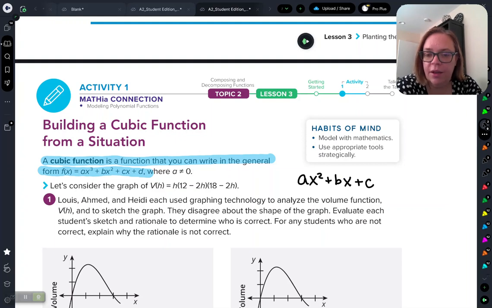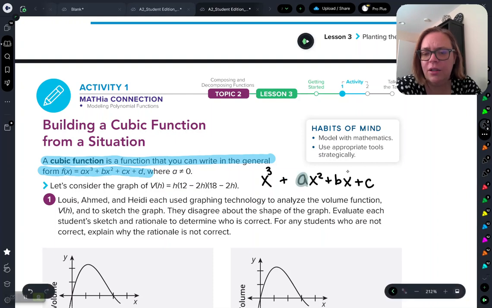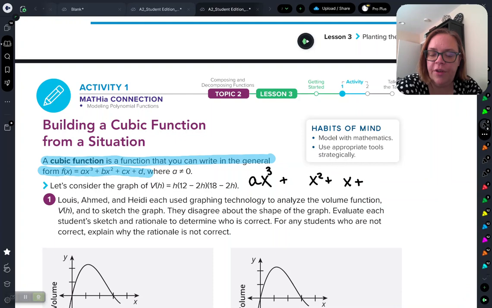Basically, think of it as putting an x cubed in front of that and shifting the letters. So a is now the coefficient of x cubed, b is the coefficient of x squared, c is the coefficient of x, and then we introduce d as our constant. Now this, if we FOILed it out and multiplied it out, distributing everything, would eventually look like a cubic function.